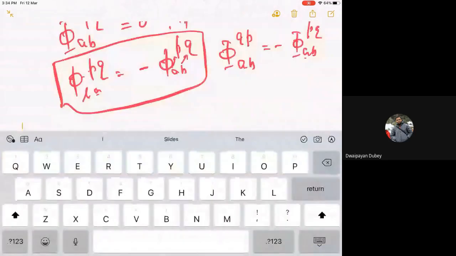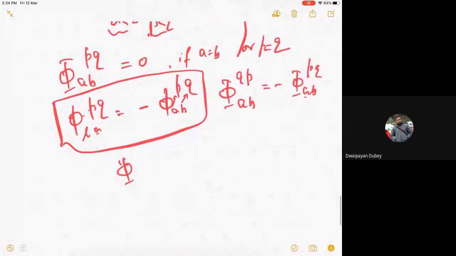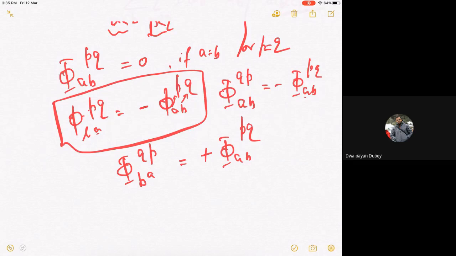Of course, if you interchange both, so phi BAQP, this will be identical to phi ABPQ. Because it just has the same B to Q, A to P. So in the same place, P and Q come.